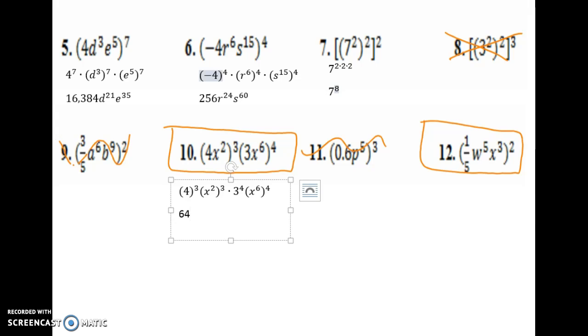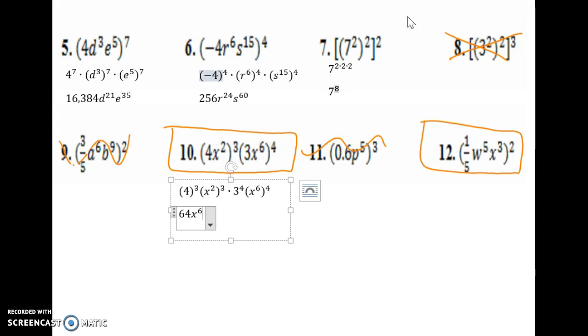So you're going to do 2 times 3 there. 64. Okay, so x to the second to the third will actually be x to the 2 times 3, so you're going to get x to the 6th.